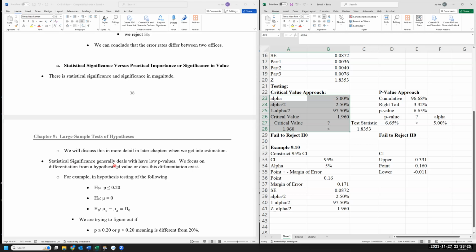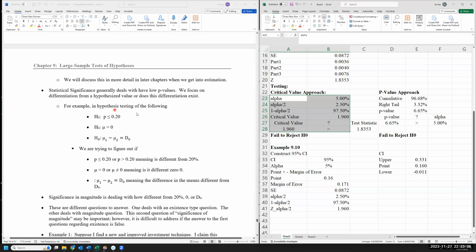Statistical significance generally deals with low p-values. We focus on the difference from the hypothesized value, or does this differentiation exist? For example, in hypothesis testing, we have H naught: p is less than or equal to 0.20. Null hypothesis is that mu is equal to 0. The difference between the two, these are our null hypotheses.